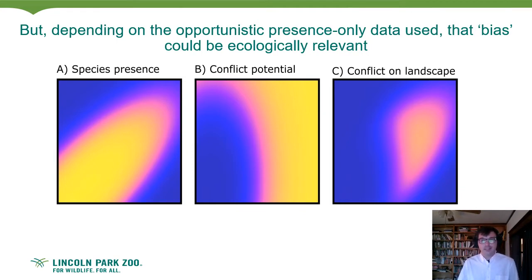Then all of a sudden, that spatial bias term is actually related to where that species is most likely to come into conflict, assuming they occupy the entire landscape. So the conflict that you actually observe on the landscape, C here, is the product of a species' presence as well as their conflict potential, A and B.